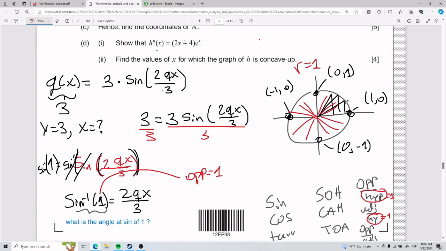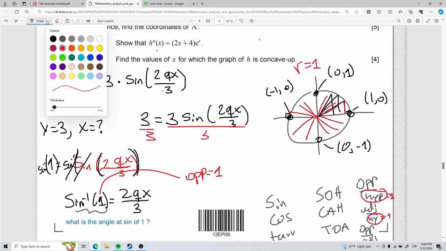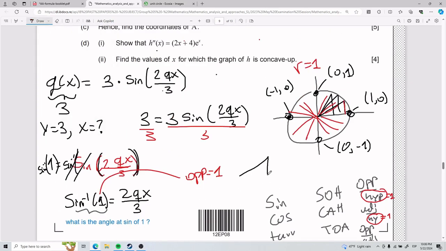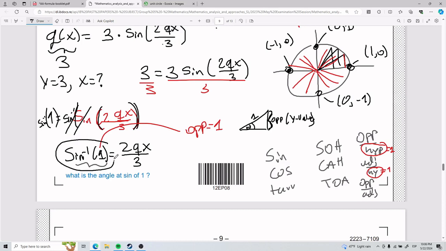And what is the opposite in all of these triangles? For sine, the hypotenuse is 1, and the opposite will always be the y value, because it's the vertical growth. So go to the unit circle and find the y value that equals 1.